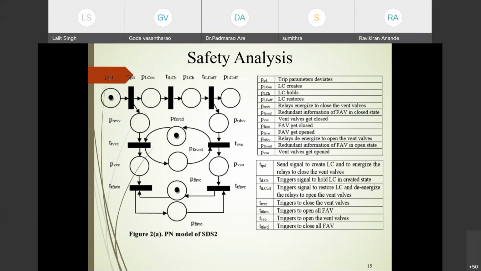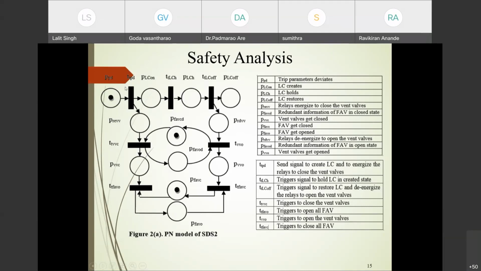First, the place PPD: when there is a token in this place, it represents that some trip parameter has deviated. It means there is a demand to shut down my nuclear reactor. Trip parameter means some process parameter has deviated from its normal range, and I need to shut down my reactor because there is an emergency situation. It is getting the data from some field sensors.